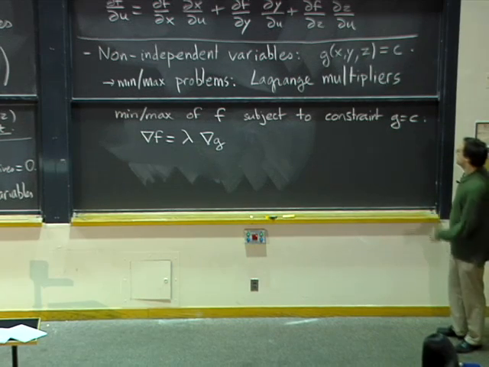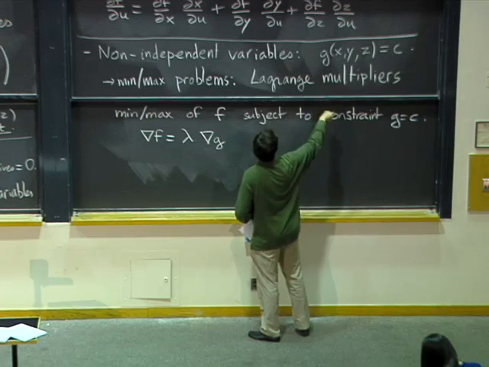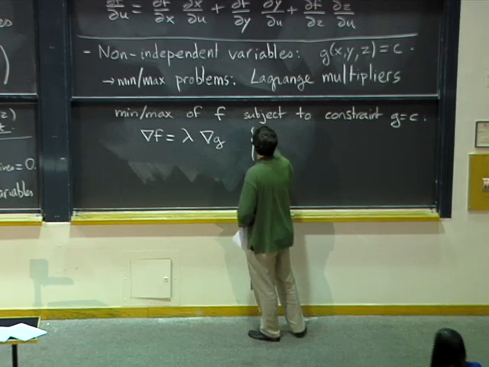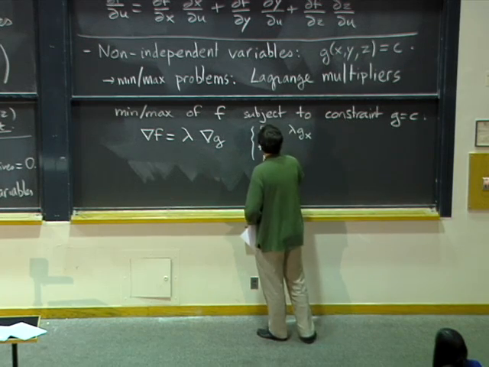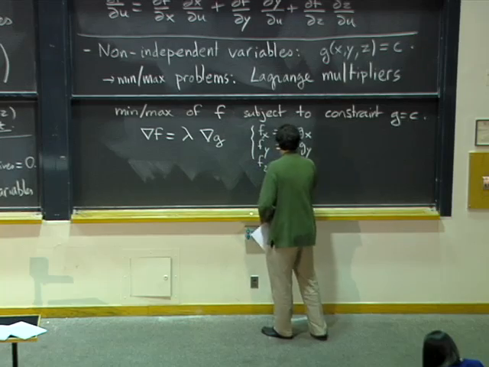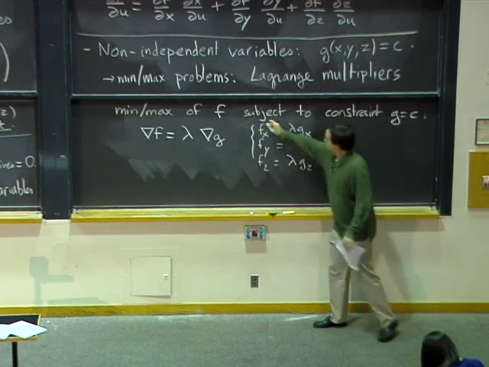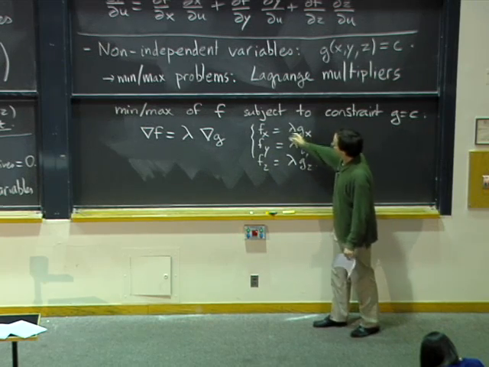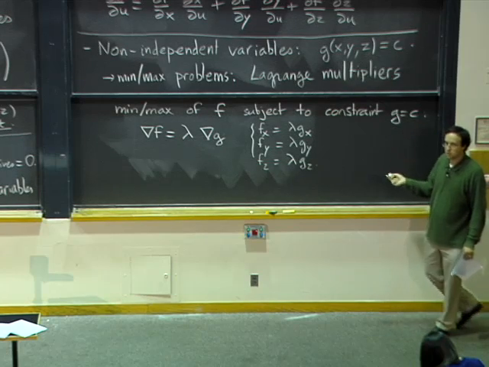And so, for example, here I had functions of three variables, so this becomes three equations. f sub x equals lambda g sub x, f sub y equals lambda g sub y, and f sub z equals lambda g sub z. And when we plug in the formulas for f and g, we're left with three equations involving the four variables x, y, z, and lambda.